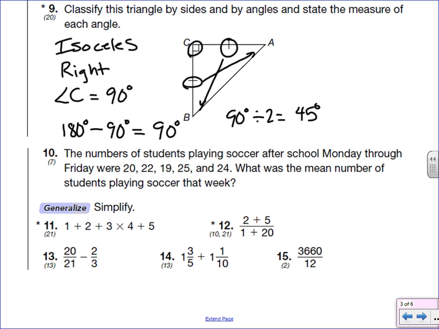So then angle A is 45 degrees and angle B is 45 degrees. And then angle C is 90 degrees. So if we go through and we add up 45 plus 45 plus 90, we get 180 degrees, which is what we need to get.